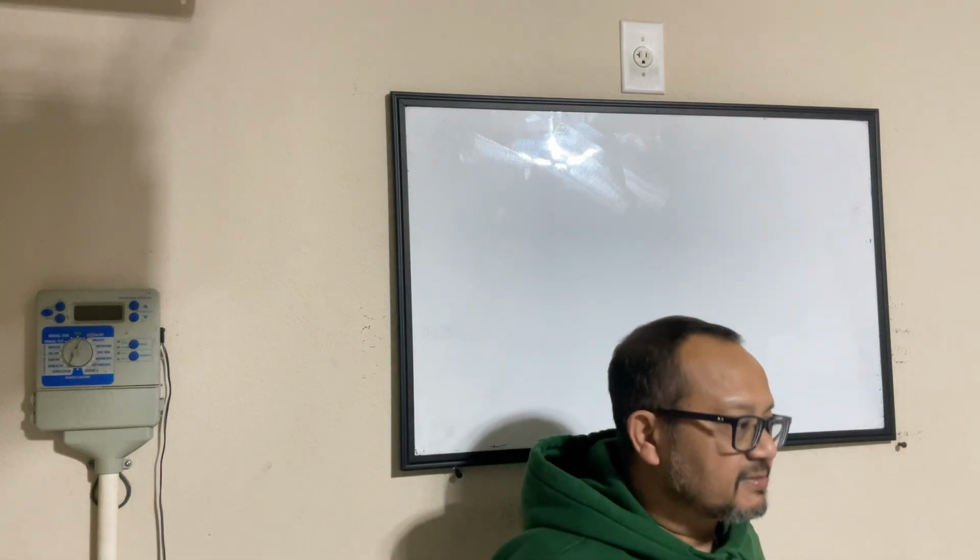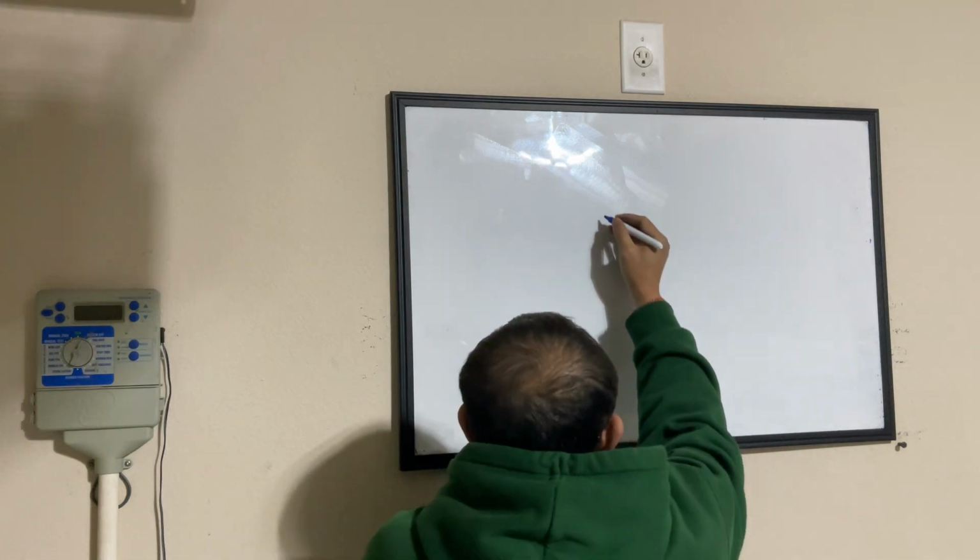Okay. Now we talked about how to do fraction addition or subtraction. Addition and subtraction work the same way, just the sign being different. Now the same thing applies for multiplication and division also.